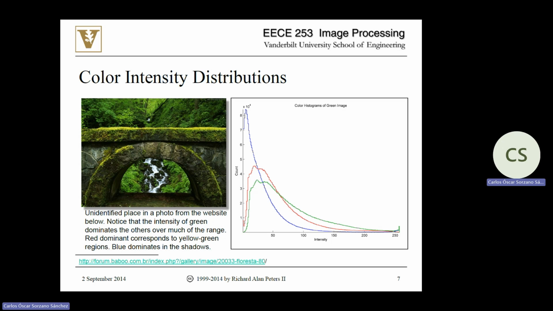Actually, something interesting is for white, you need the three colors at the same time. But wouldn't you need them at their maximum intensity? Yeah, probably they have something here. Actually, there is a little bit going on.